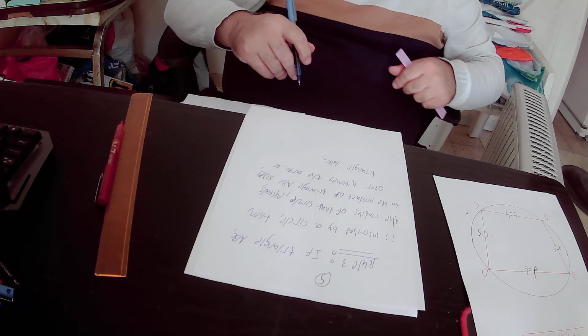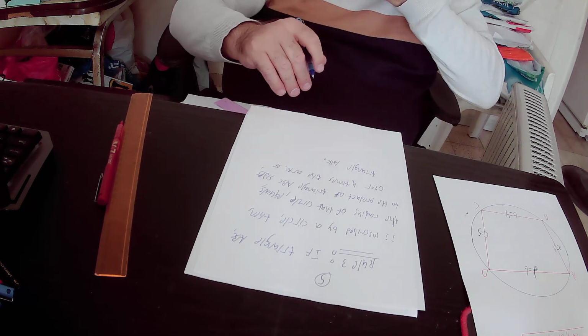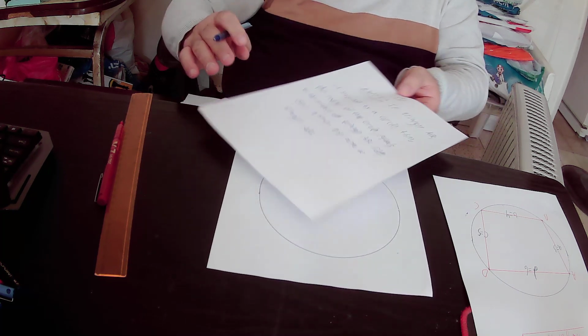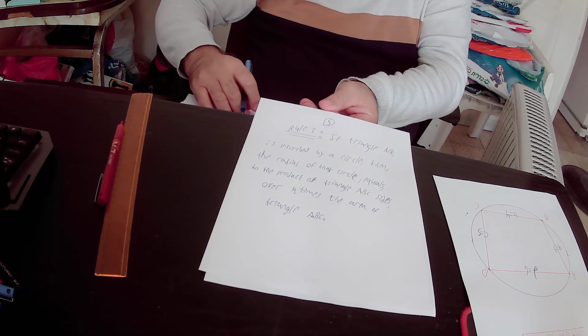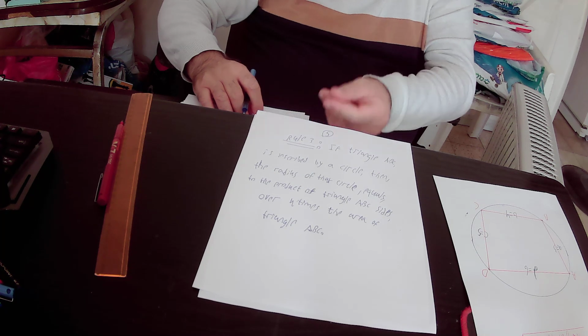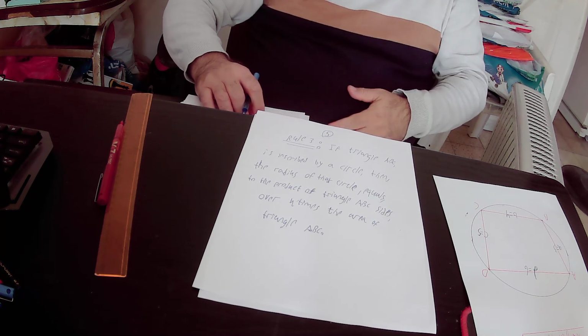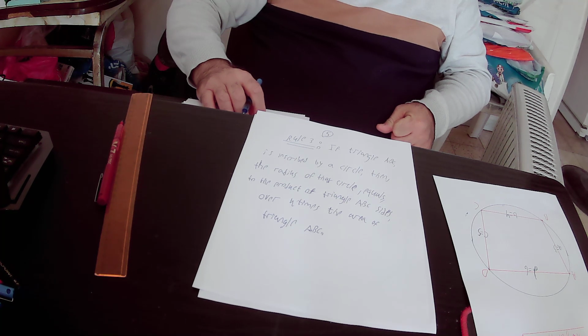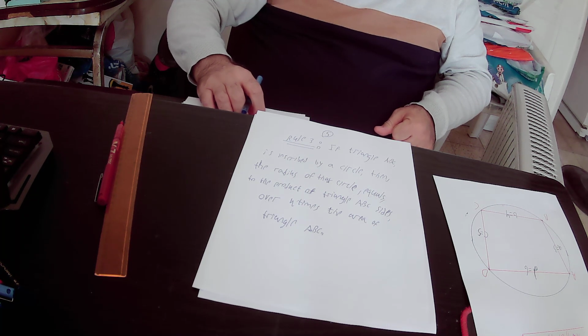So I repeat rule number 3 again. Rule number 3 says that if triangle ABC is inscribed by a circle, then the radius of that circle equals the product of triangle ABC sides over 4 times the area of triangle ABC.